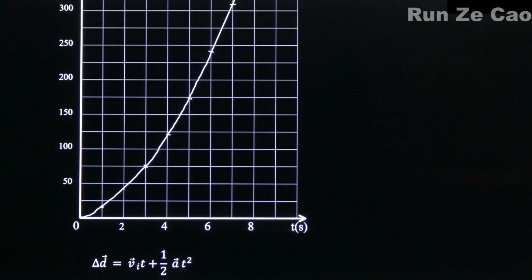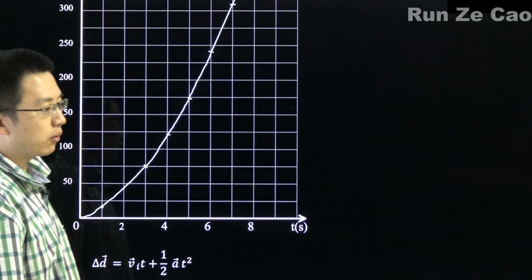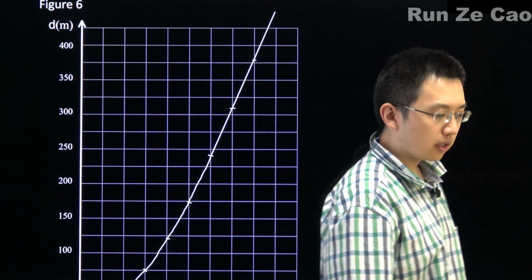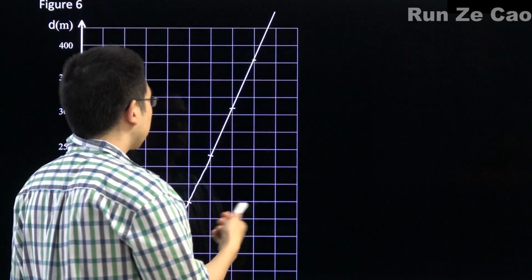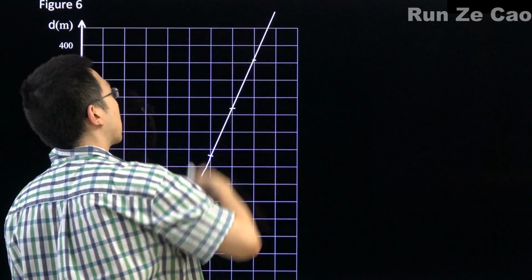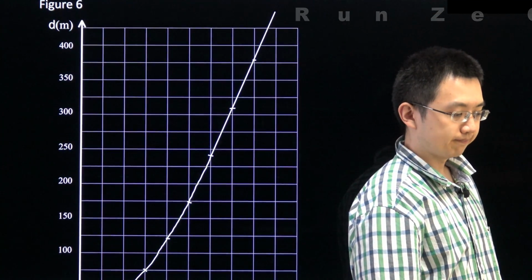So as we can see, for the points that we have to draw a curve through, you might want a lot of points. But once it gets linear, really, this point here, at 7 seconds, was kind of unnecessary. We could have just drawn a straight line all the way through with a ruler or similar tool.